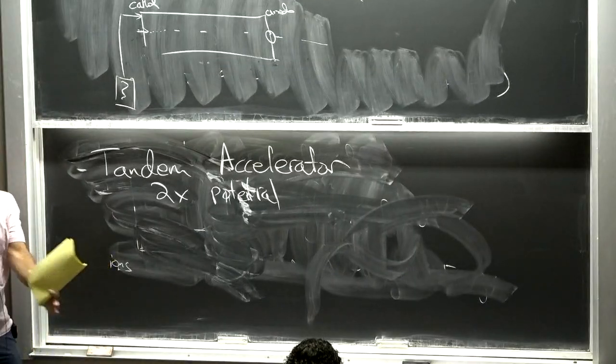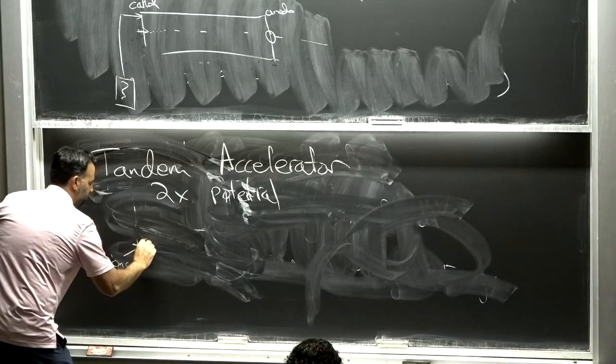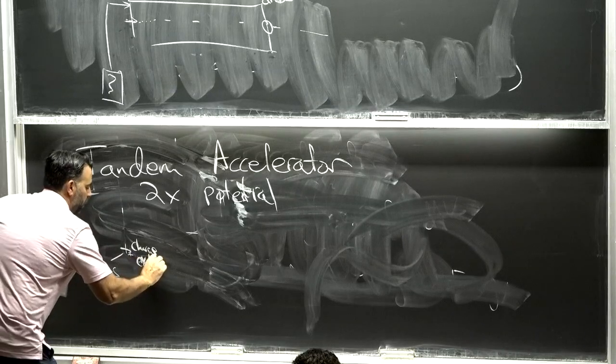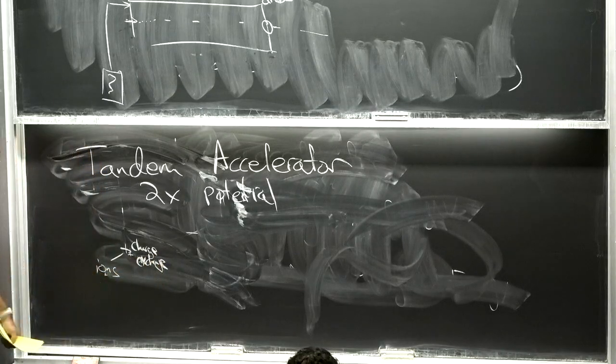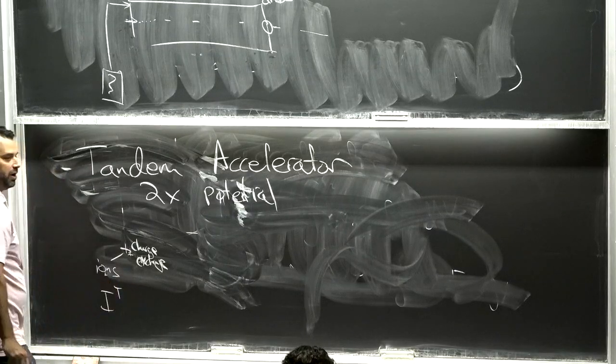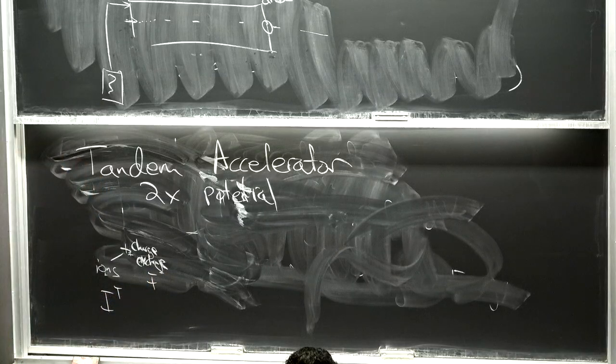And what you do is, if you had a positive ion to start, you first put it through some charge exchange, basically a region where you can add electrons on there. Let's say you take an ion that starts off with positive charge, and then you give it some electrons, you turn it into an ion with negative charge.